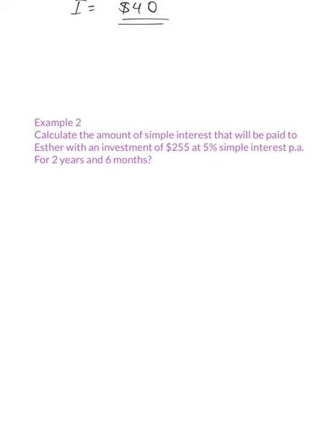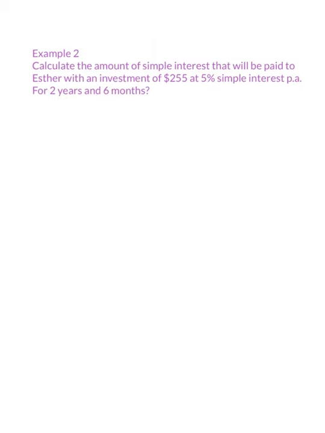Okay, the next example says calculate the amount of simple interest that will be paid to Esther with an investment of $255 at 5% simple interest per annum for 2 years and 6 months. Again, we will start off by writing the rule.